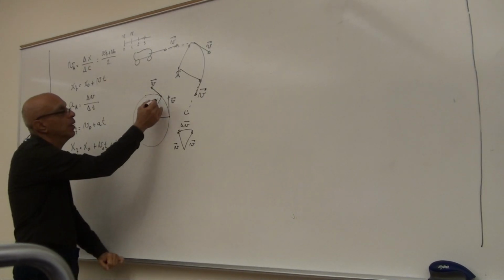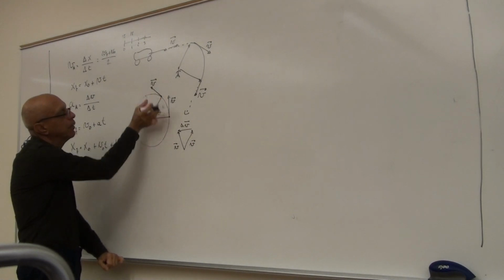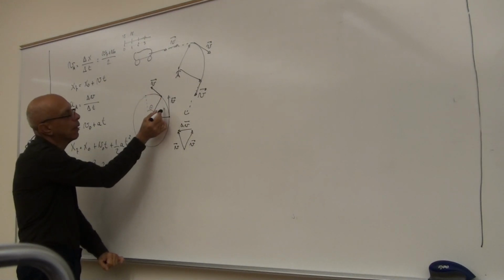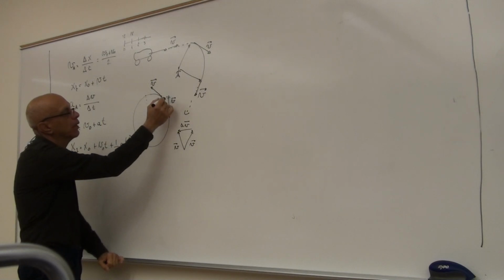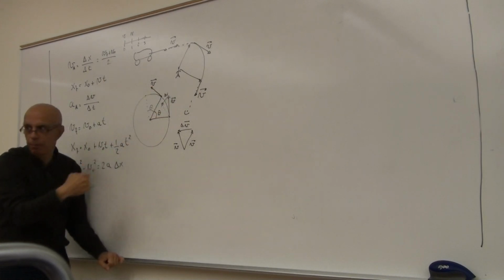I bring this vector here, and it's the same magnitude, so delta V is here, pointing to the center.